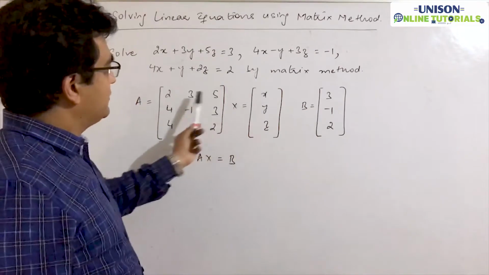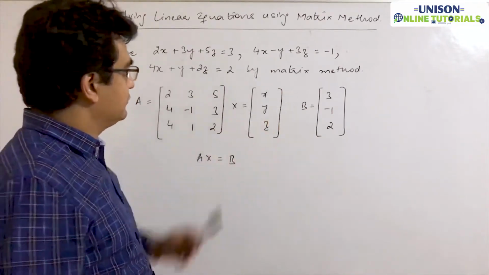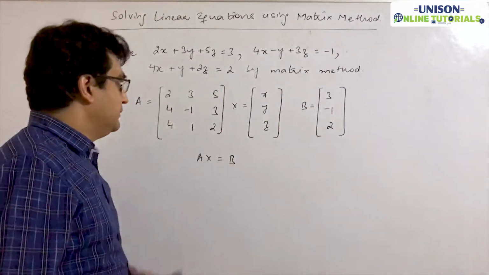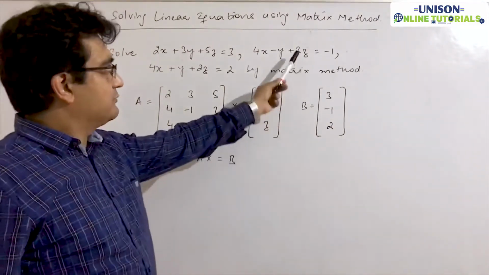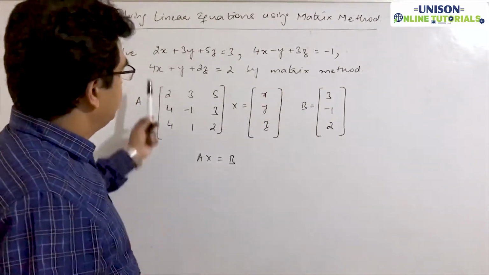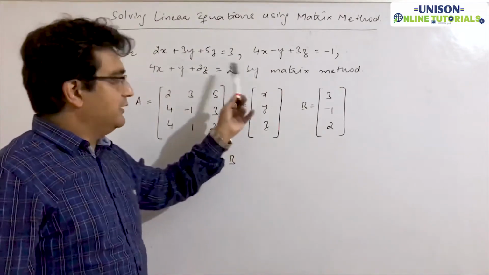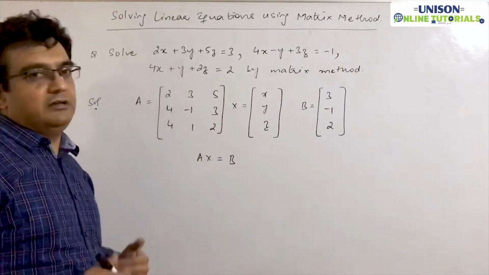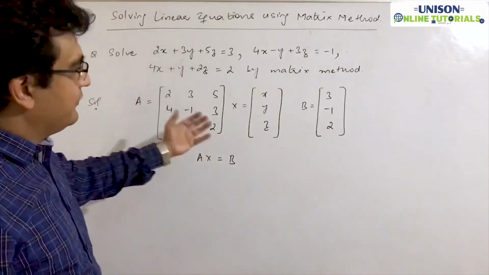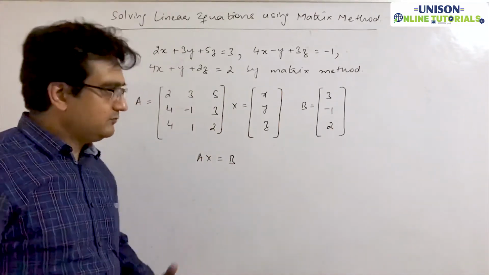So we get 2x plus 3y plus 5z equals 3. This is the first equation. Similarly, 4x minus y plus 3z equals minus 1. This is the second equation. And similarly, we get the third equation. So this way we can write the given linear equations in the form of a matrix.